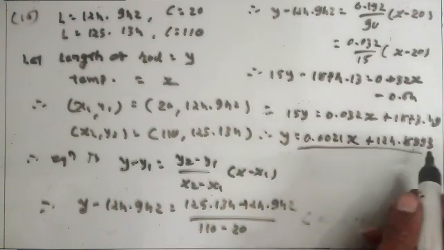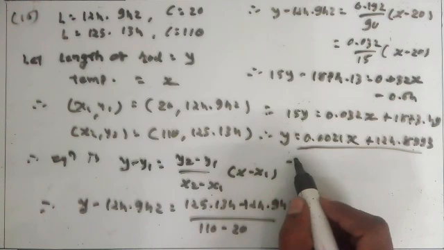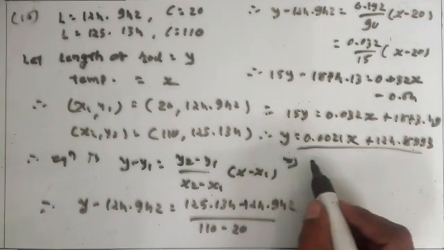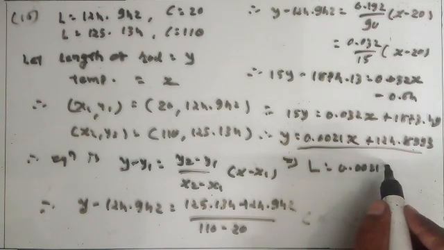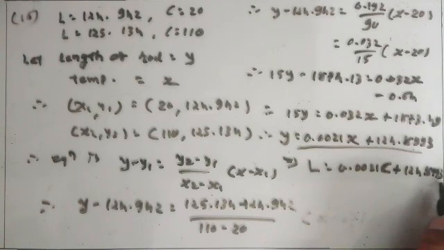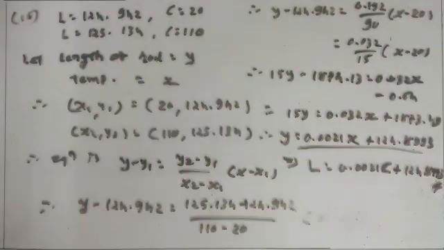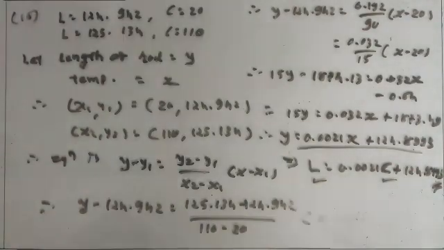Using calculator we find this number. So length in a temperature, L is equal to 0.0021C plus 124.8993. This becomes a relation between length of rod and the temperature. Clear?